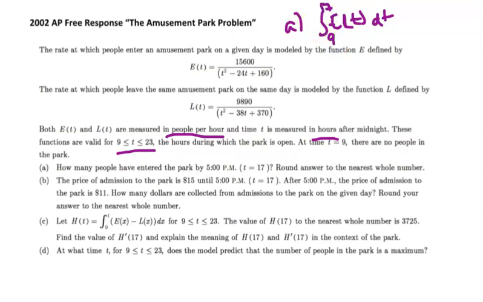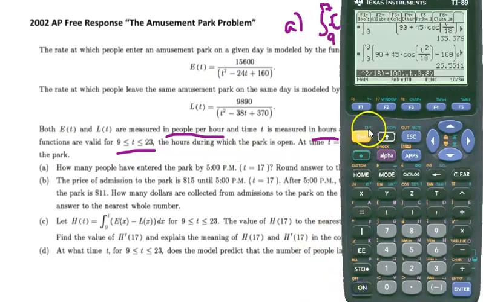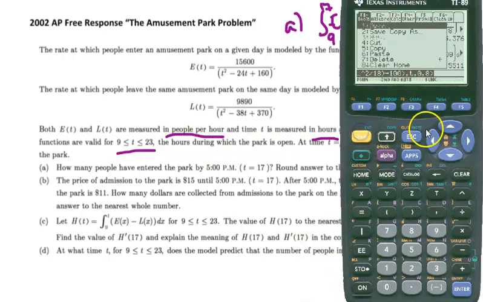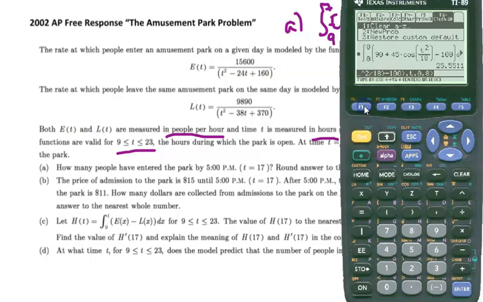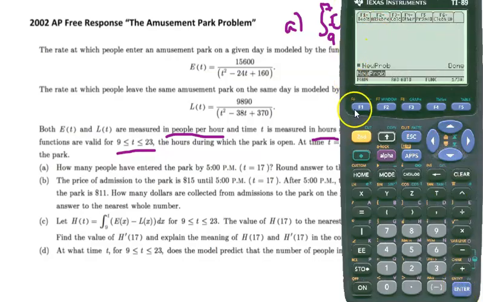So we're going to go to our calculator and we're going to have to clear out all previous work here. I recommend, by the way, clearing A through Z. If you are the type to save values, make sure you clear A through Z. I don't save values, so I never have to worry about that. What we want to do here is type in the E of t function.